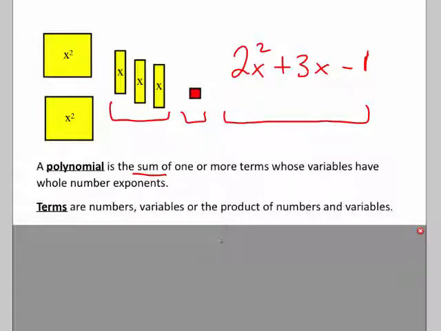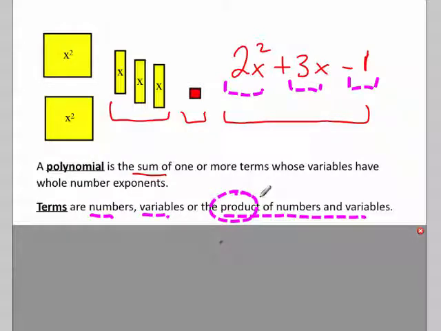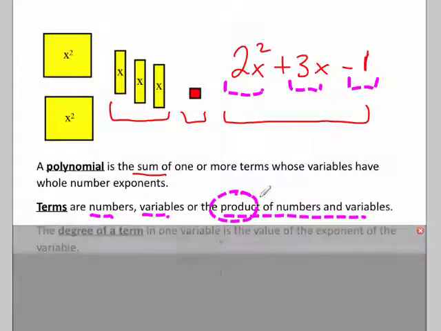Just to define a little bit more closely what we mean by terms, I said there are sections that are separated by plus or minus signs, and terms are made up of numbers, variables, or numbers and variables that are multiplied together, the product of numbers and variables.